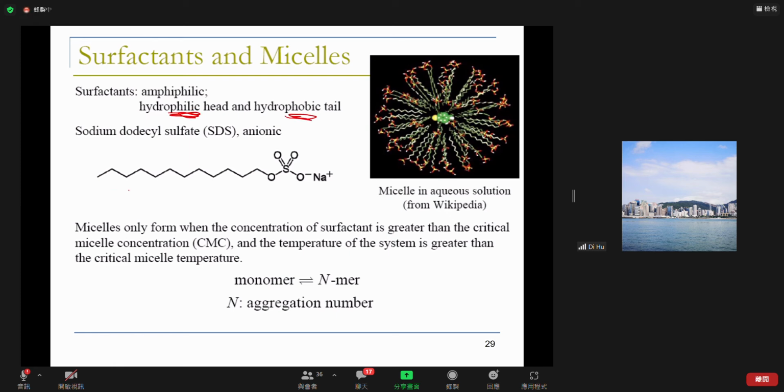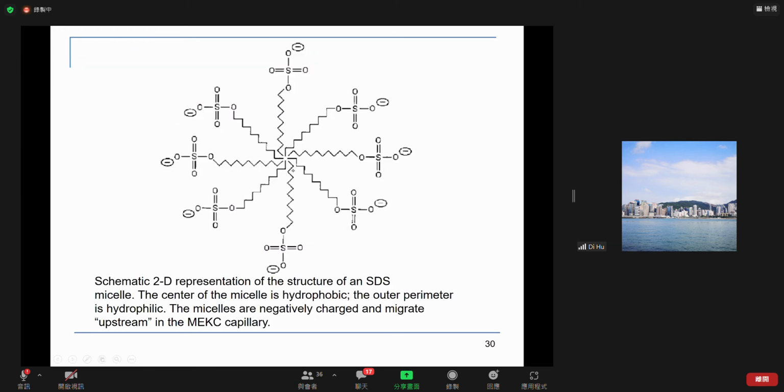We also mentioned that micelles form only when the concentration is greater than the CMC. Different surfactants require different numbers of monomers to form a micelle, and the temperature of the system should also be greater than the critical micellar temperature. Here is a more structural view of the SDS micelle.